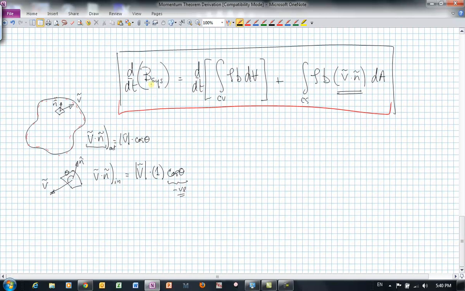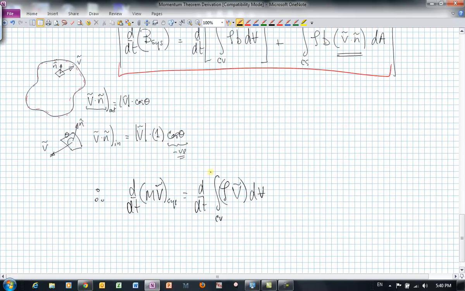So substituting for B sys in our new setup, which is equal to the mass times the velocity, we therefore have d/dt of m times V for the system is equal to d/dt of the integral over the control volume of rho times the velocity over the volume.